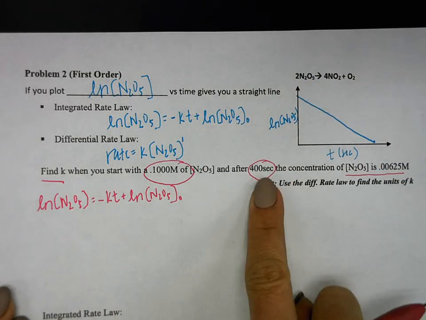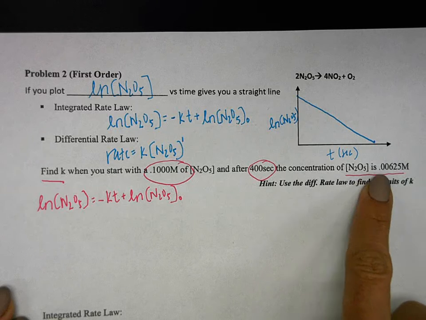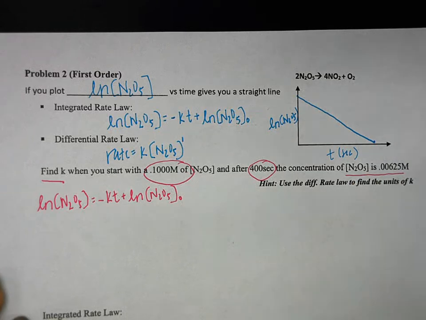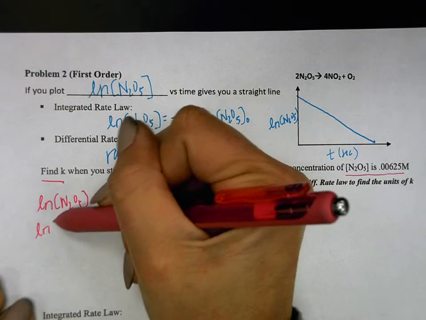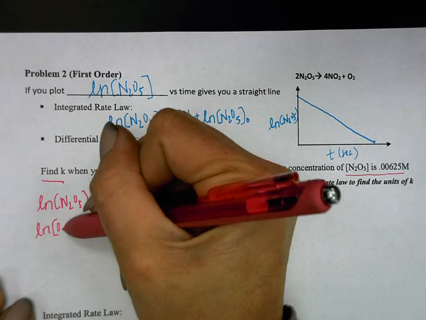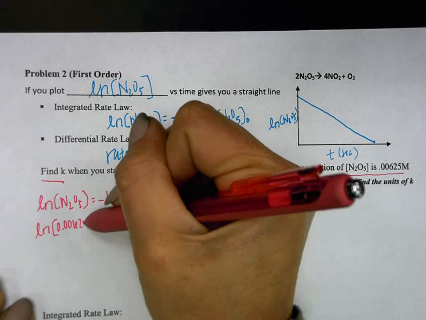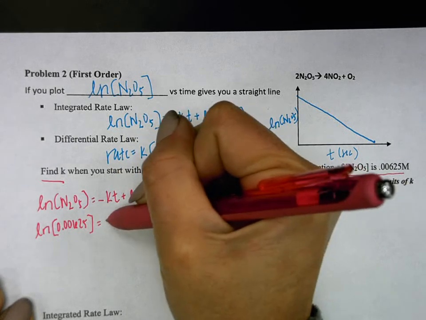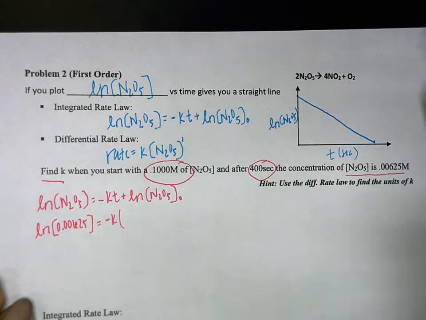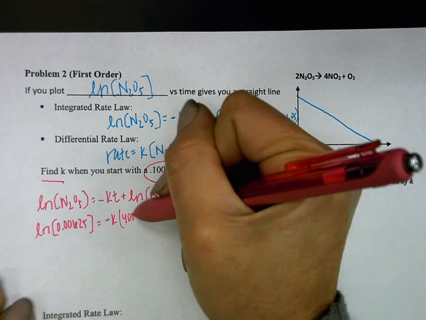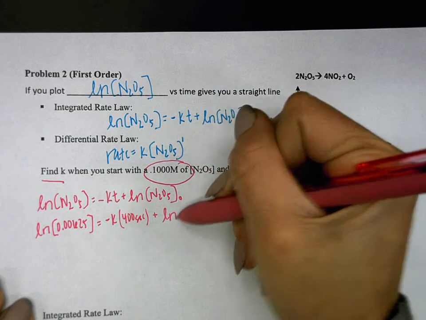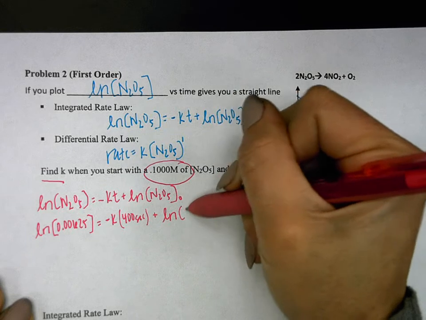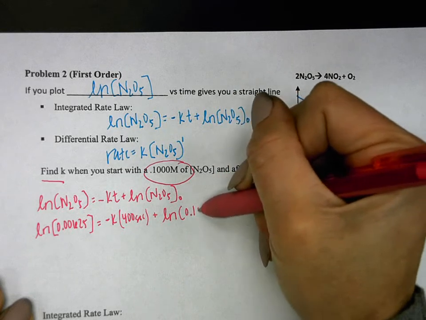After 400 seconds would be our time, and after that time has passed, our concentration has decreased to 0.00625. So we're going to plug in Ln of 0.00625 equals negative k times 400 seconds plus the natural log of our initial concentration, which is 0.100.